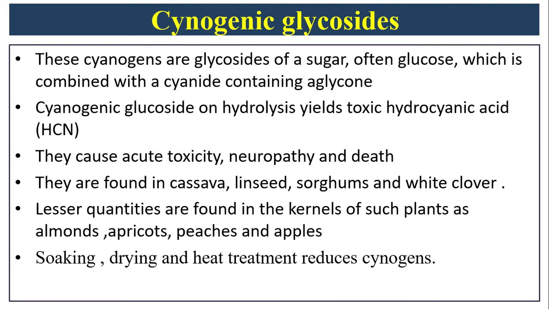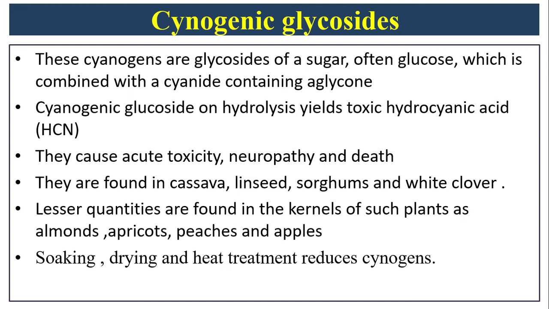They cause acute toxicity, neuropathy, and death. They are found in cassava, linseed, sorghums, and white clover.